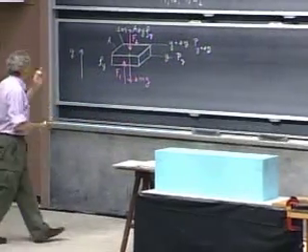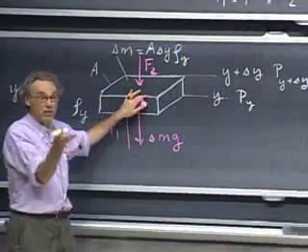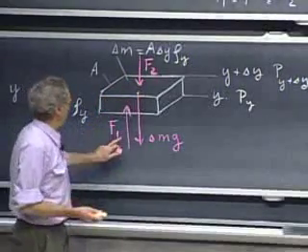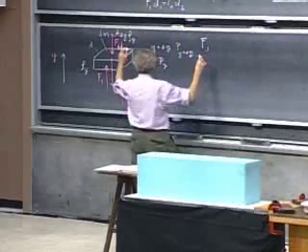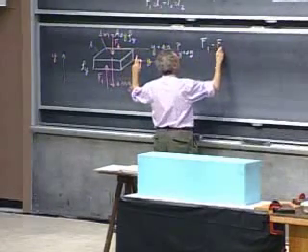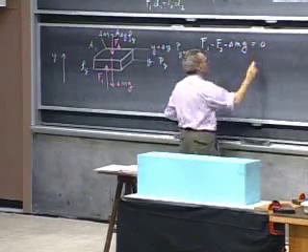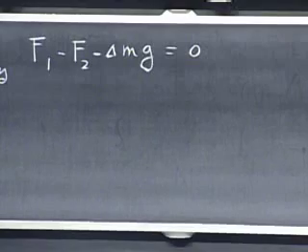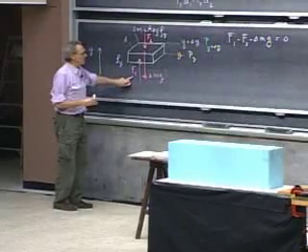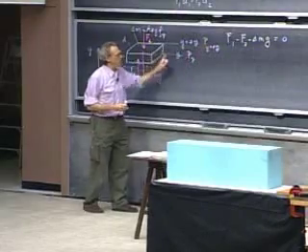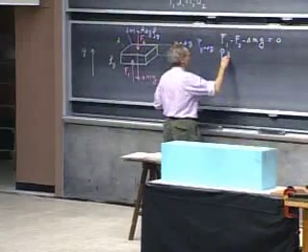So now there has to be equilibrium. This fluid element is not going anywhere, it's just sitting still in the fluid. And so I now have that F1, which is in this direction, minus F2 minus delta m g must be 0. Only then is the fluid element in static equilibrium. But F1 is this pressure times the area. So that is P at level y times the area.